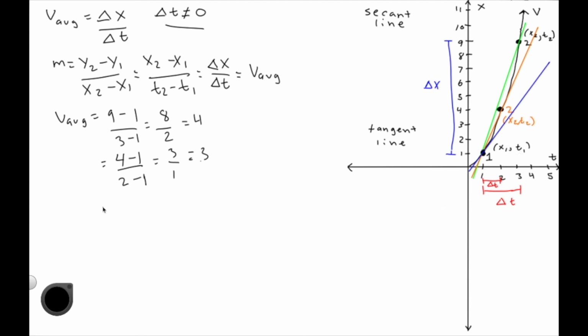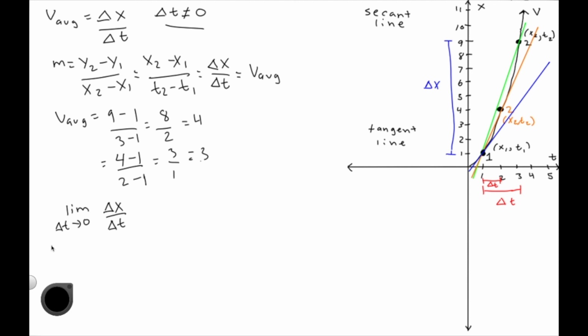Right? And so to find this slope, we have to take the limit. Right? And to be more exact, the limit is going to be the limit of delta x over delta t as delta t approaches 0.